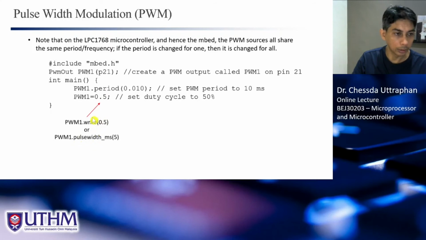Okay, so here we can also use this way, PWM1 dot write 0.5, also the same, or we can use PWM1 dot pulsewidth_ms 5, also the same, right? So we have options. The easiest one is to use this option.